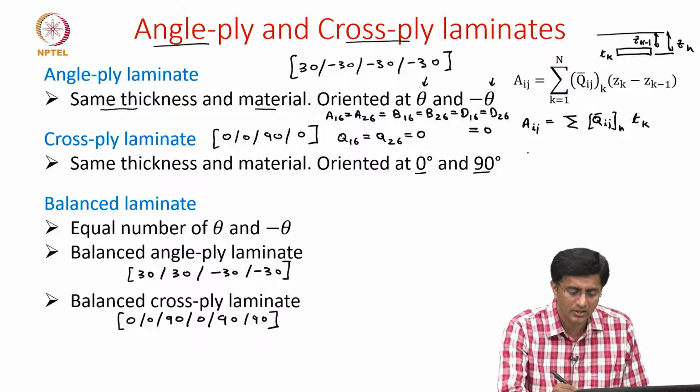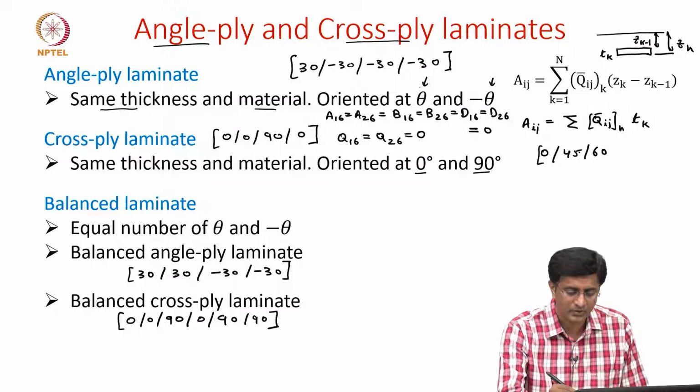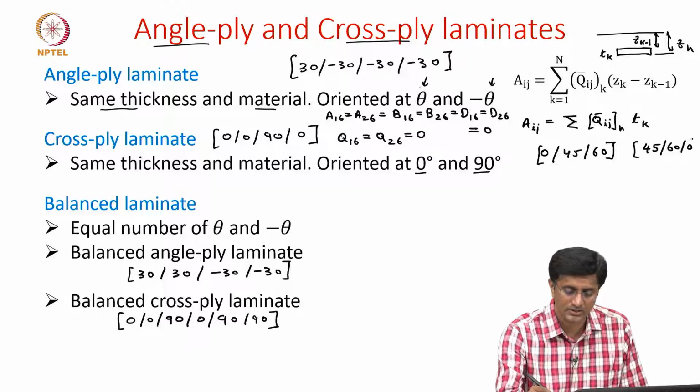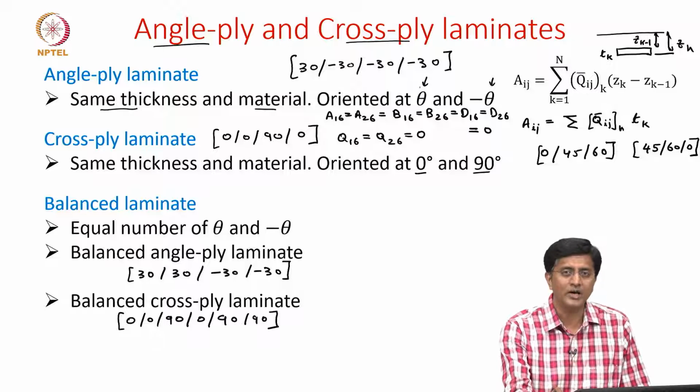Meaning, let's say there are 3 layers, and these are 0, 45, 60. This versus another laminate which has the same 3 layers in a different sequence, let's say 45, 60 and 0. Now the question is, will both laminates have the same A matrix?